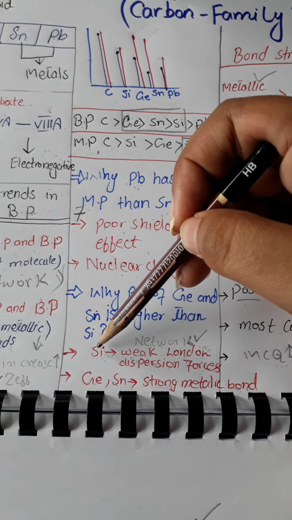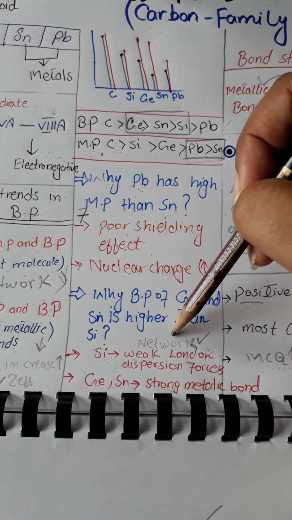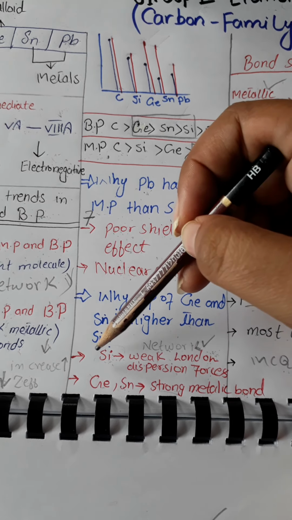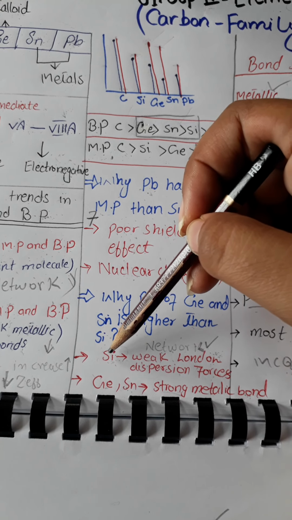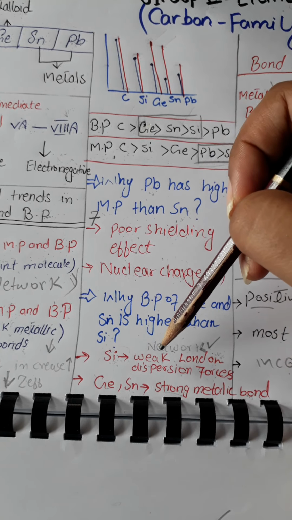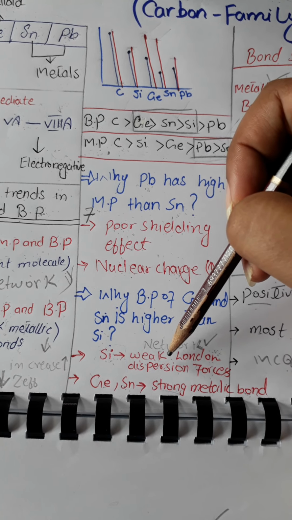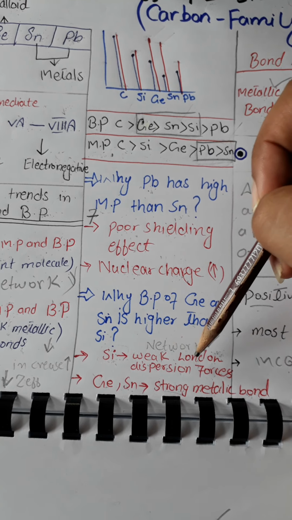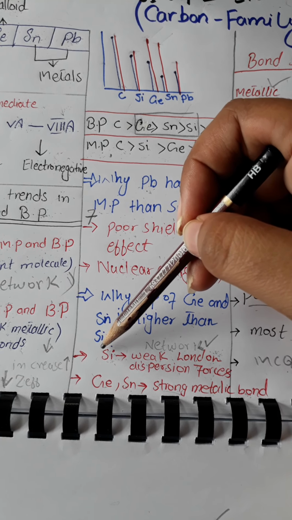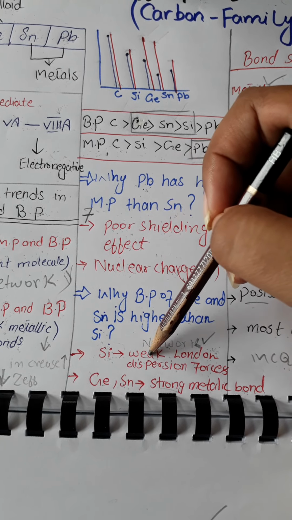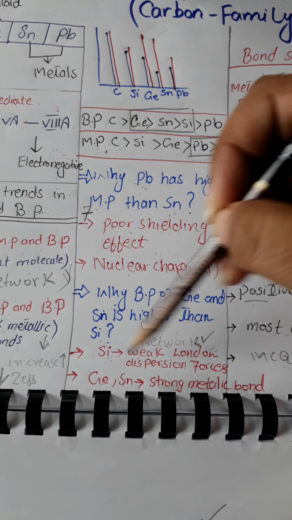silicon exists in a network form. When we provide temperature to the solid form of silicon, it melts. Once it melts, there will be weak London dispersion forces in the molten form of silicon.